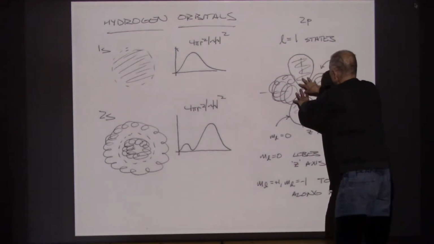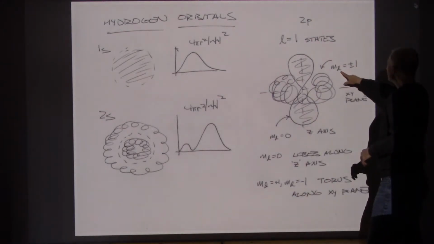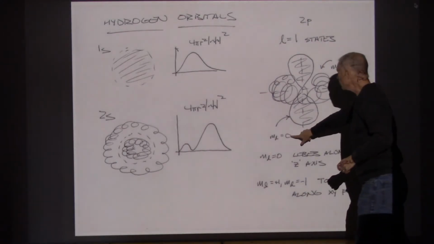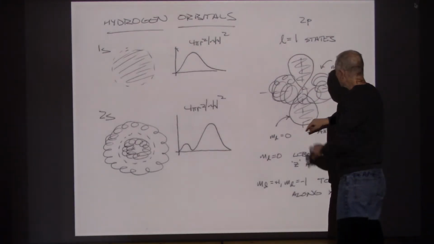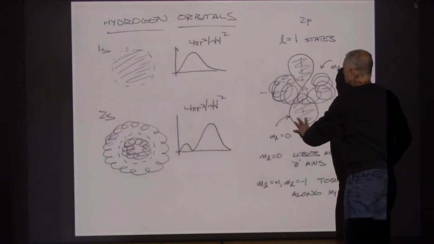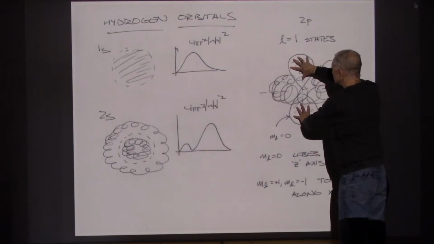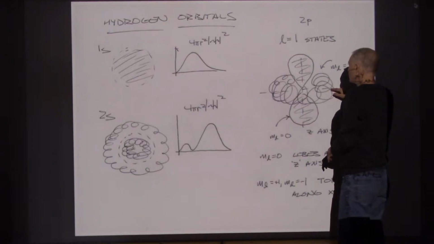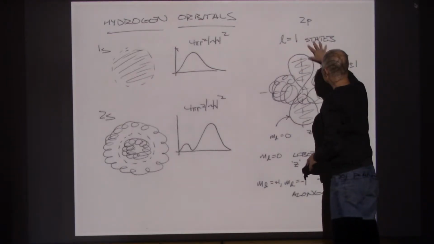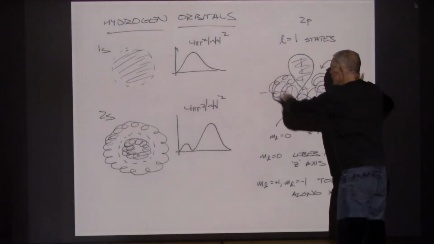So in this particular state, for the L equals 1 state, where m sub L is equal to 0, the m sub L equals 0 state actually has a lobe of probability and another lobe of probability separated by a plane of 0 probability. So the probability here is pretty high, probability here is pretty high, but not much out in these regions.